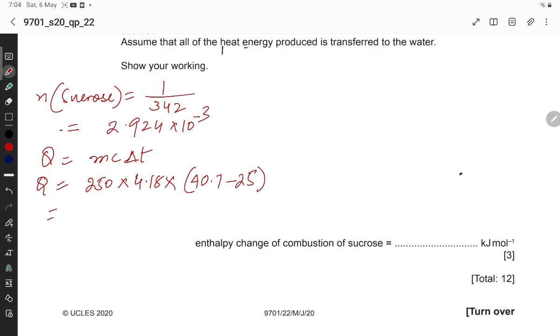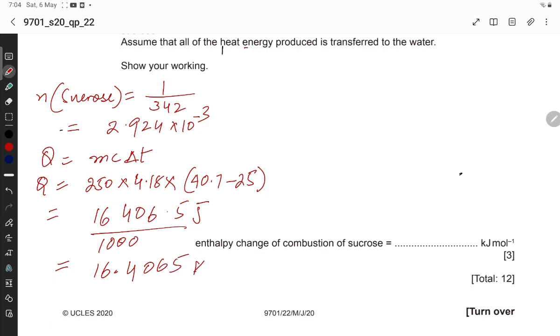Q is equal to 16,406.5 joules. This is joules divided by 1000, so this is equal to 16.4065 kilojoule.